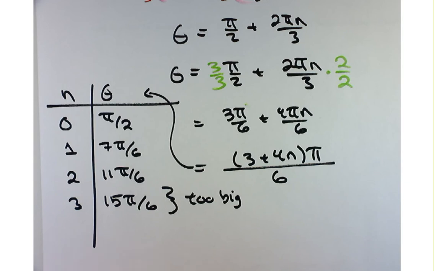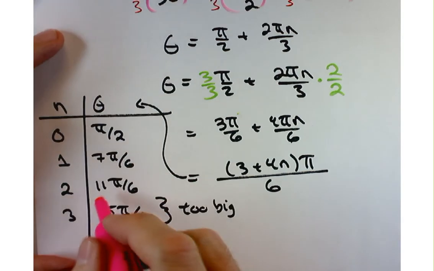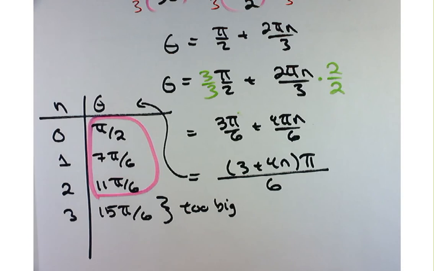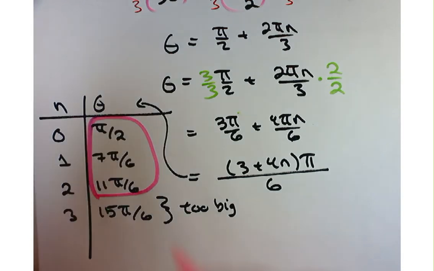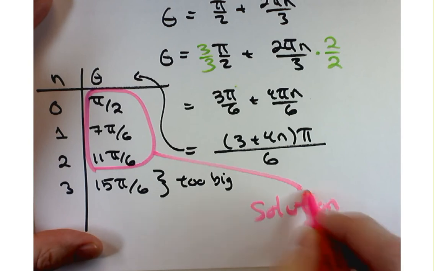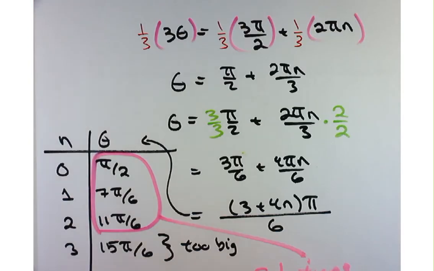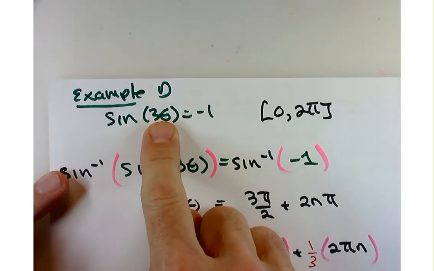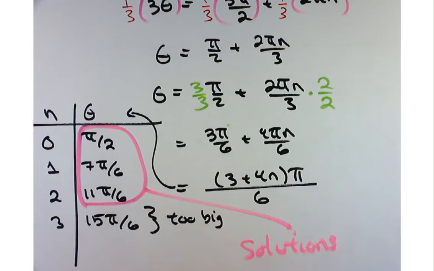So your 3 solutions that you get are these right there. Now you have to do this extra little bit here because you didn't have just sine of theta, you had sine of 3 theta or some multiple thereof. So that's why we had to do all this extra little bit here.